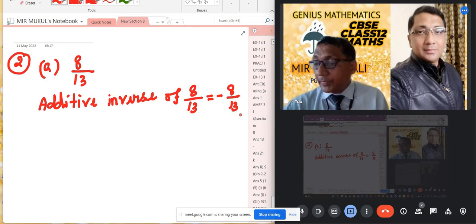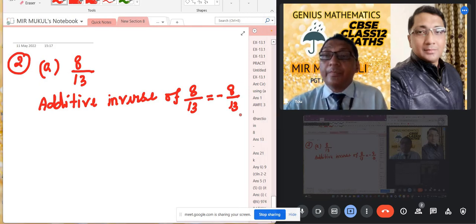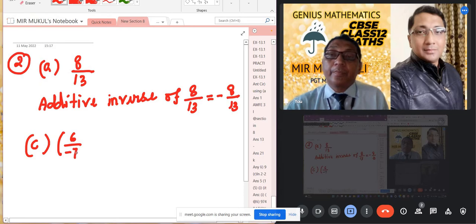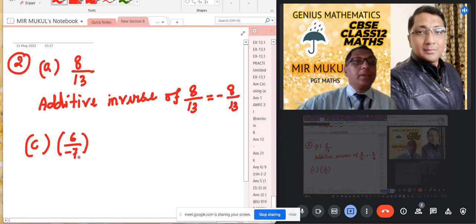One more question I am doing, that is C. 6 by minus 7. So its additive inverse we have to tell.